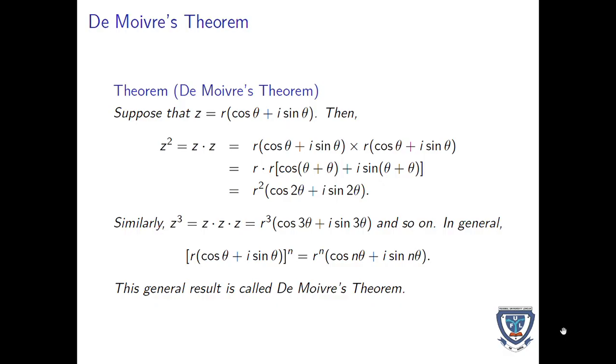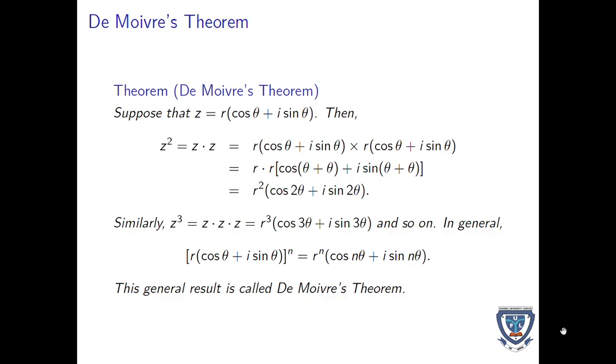Our next subtopic is De Moivre's theorem. Suppose that z is equal to r(cos theta plus i sine theta), then De Moivre's theorem says that z squared is equal to r squared (cos 2 theta plus i sine 2 theta).